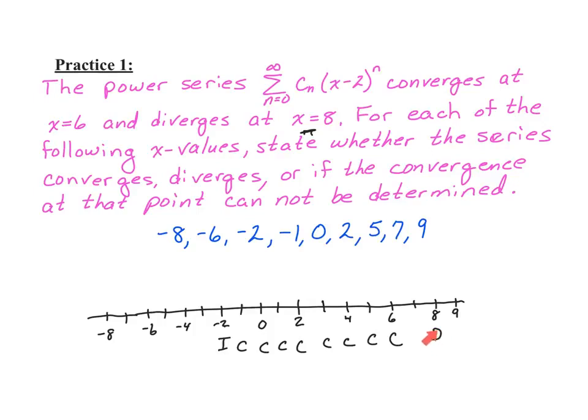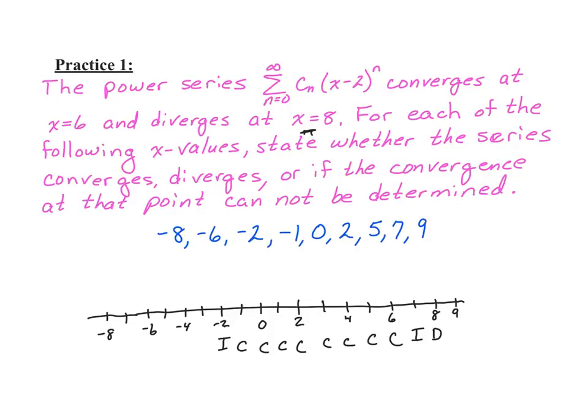This is not necessarily included within that interval of convergence. It could be an endpoint, it may not be. We don't have enough information. And so we don't have enough information to say if it converges or diverges at 7.